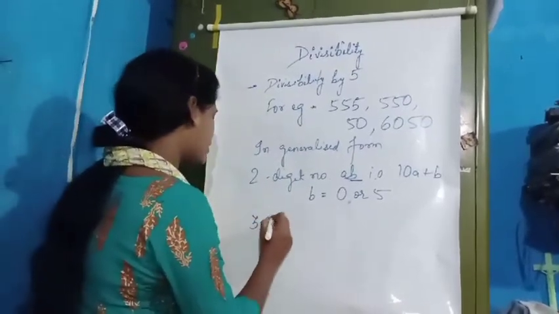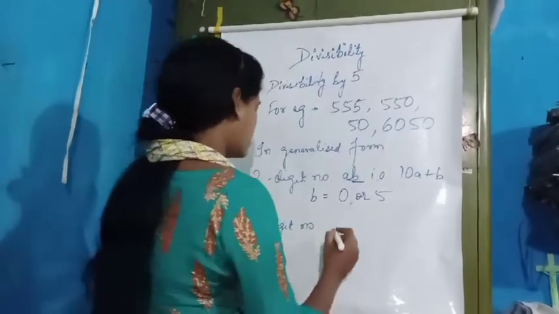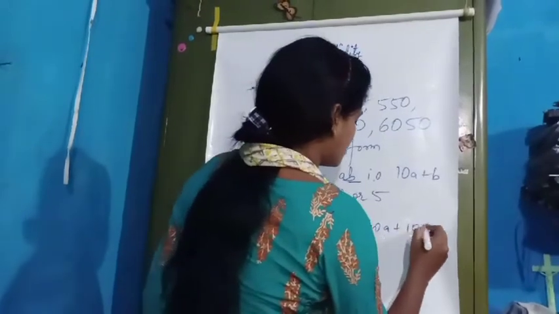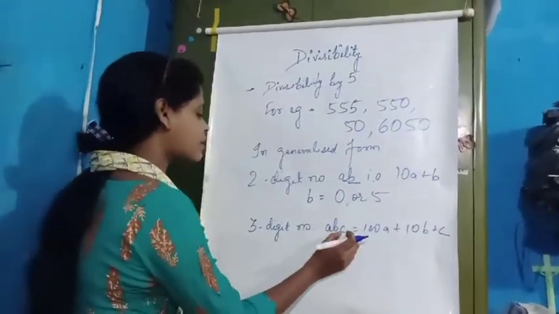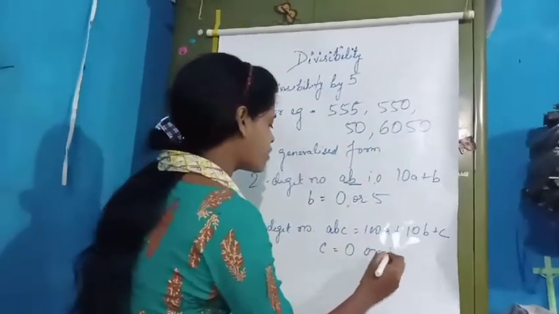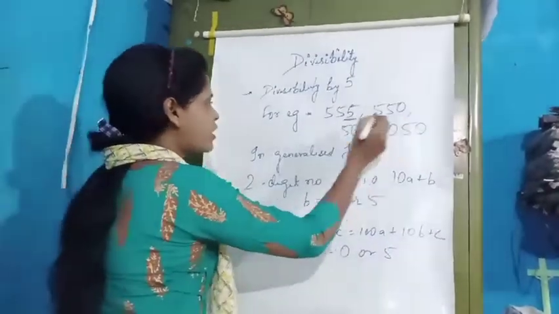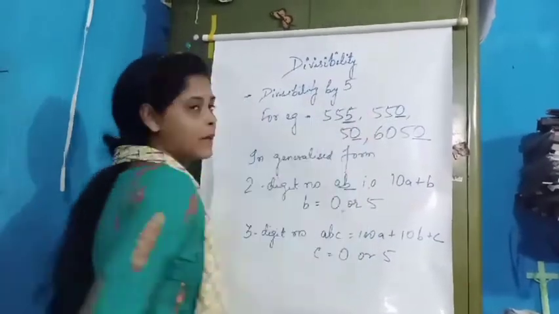And what about a 3-digit number? This is also divisible by 5 when its last digit, that is the unit digit, is equal to 0 or 5. You see, only the last digit. If this is 5 or 0, the number is divisible by 5.